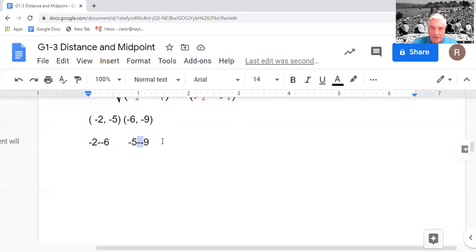So here I have, on the next line, negative 2 plus 6. And here I would have negative 5 plus 9. This is 4. And surprise, surprise, this is also 4. We add them together. We get 8. And our answer is square root 8.